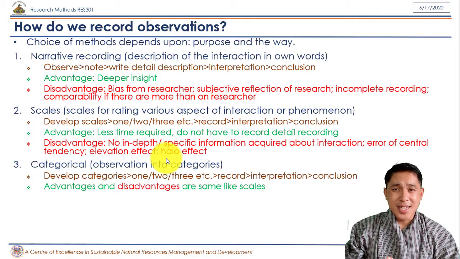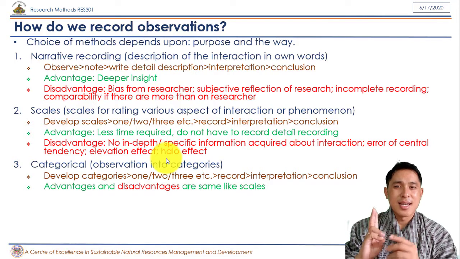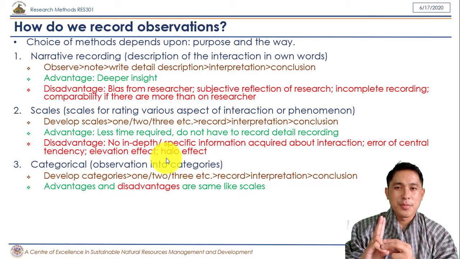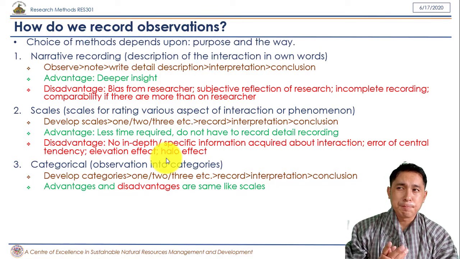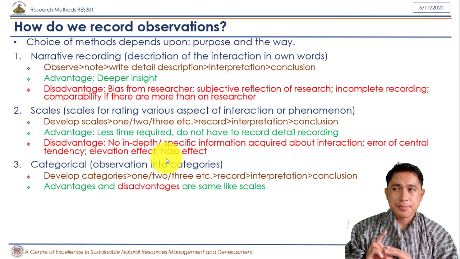But in case of category, the category can be a little bit broad. For example, mood. So what is my mood right now? Is it sad? Is it angry? Is it nervous right now? Or is it very happy right now?